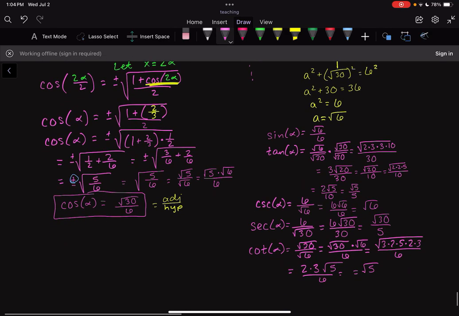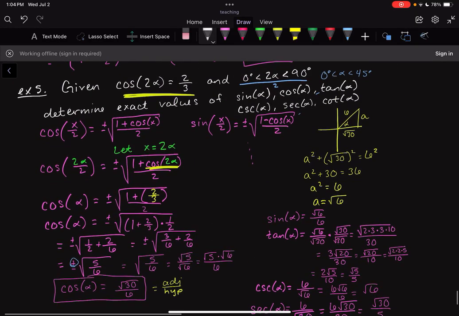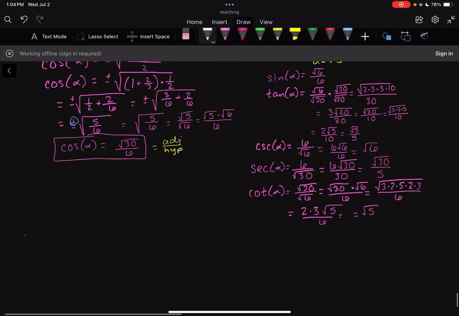Let's do another one kind of similar to this where they give you one function and you have to go get a different one. So example 6.